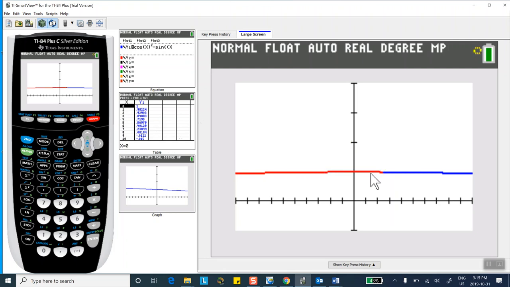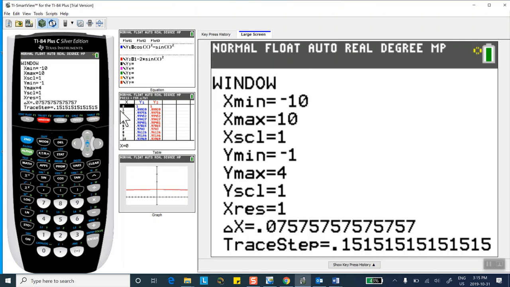Now, I don't like the way this graph looks, so I'm going to change the range. Right now it is minus 10 to 10. Why don't I make it from minus 3 to 3?